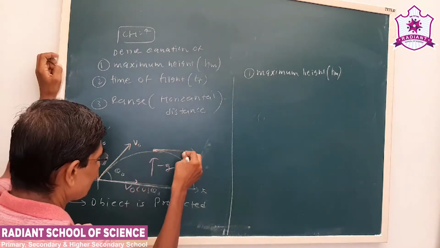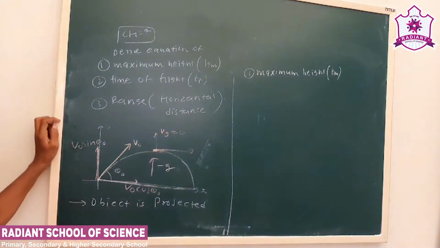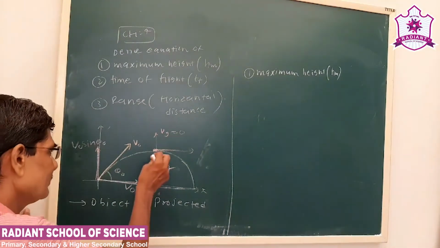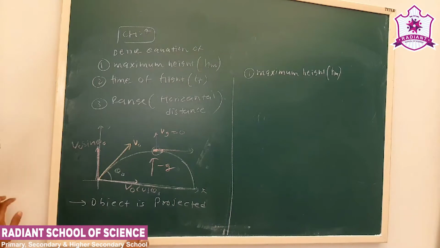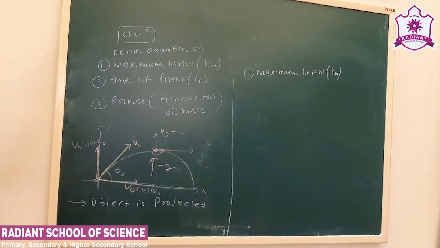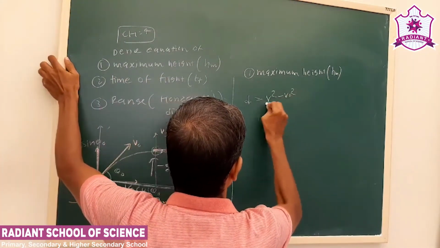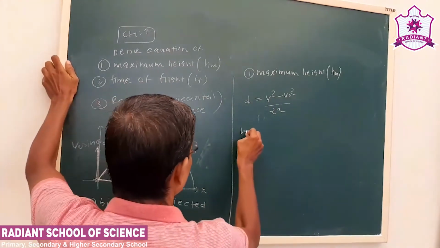At maximum height, the y component of the velocity becomes 0. Why? Because it is moving against gravitation. So the final velocity in y direction is 0, and the initial velocity in y direction is v0 sin theta. See our equation, v square minus u square is equal to 2as. Now the distance or height is hm.